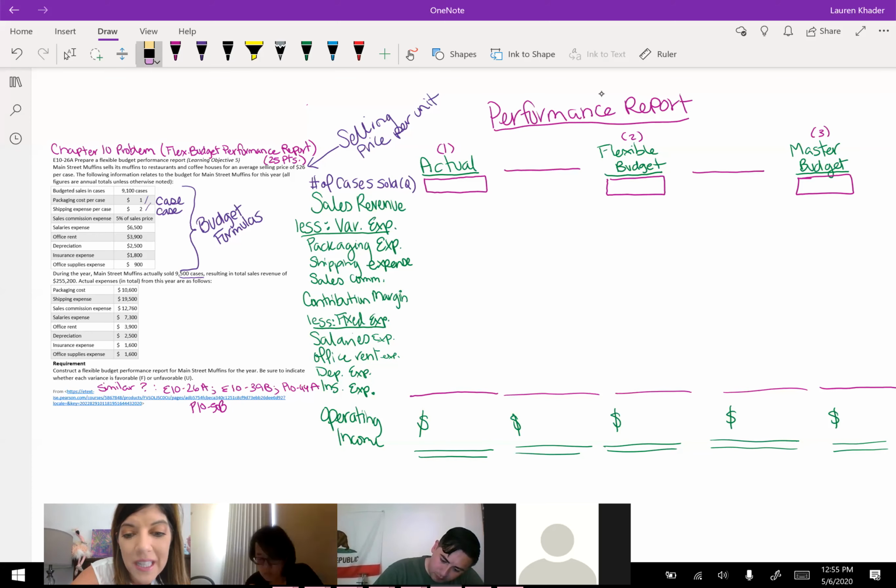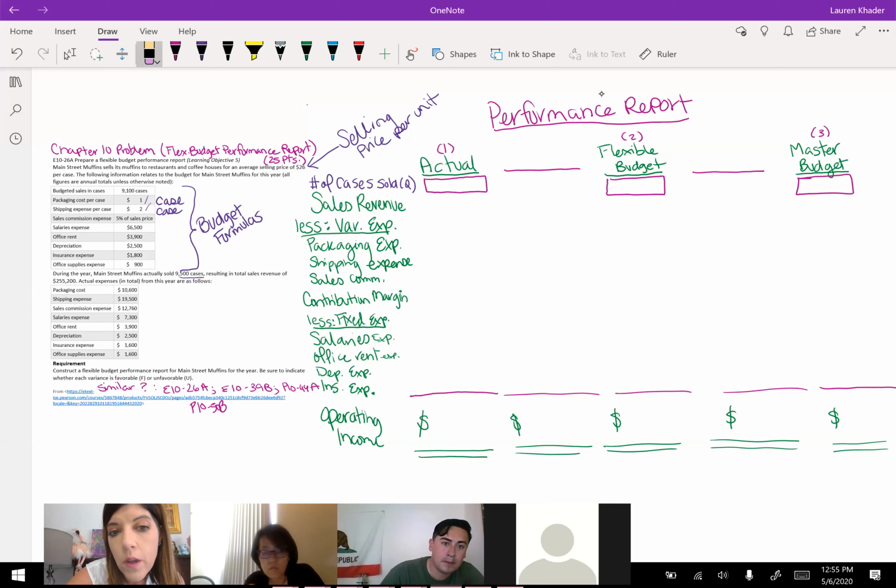So what actually happened during this year. So actual revenue and actual expenses, and then calculating actual operating income. Column 2, we have to calculate because we need to calculate our flexible budget based on the budget formulas given. And column 3, we also have to calculate based on the budget formulas given.